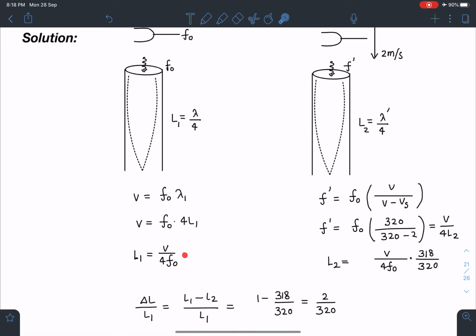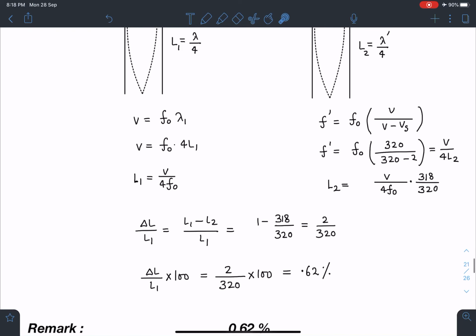So I got these L1, L2 values, and the percentage change in length I can write simply as L1 minus L2 by L1. It comes as 2 by 320, or percentage-wise 200 by 320, which comes as 0.62%.